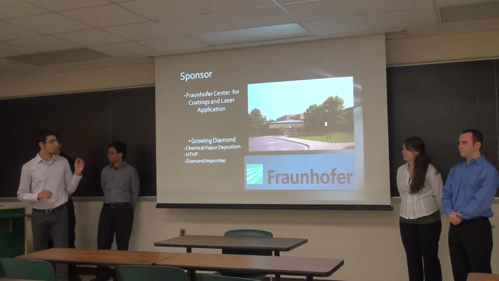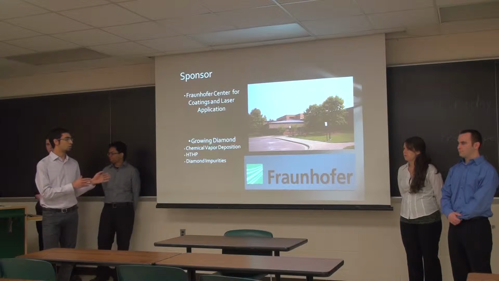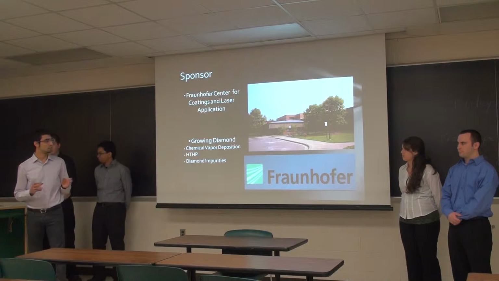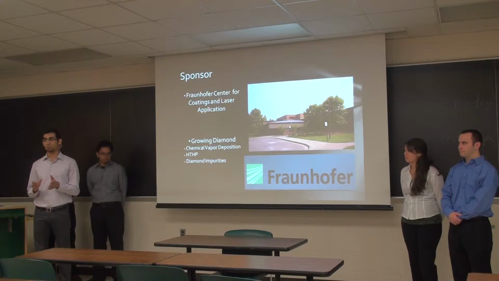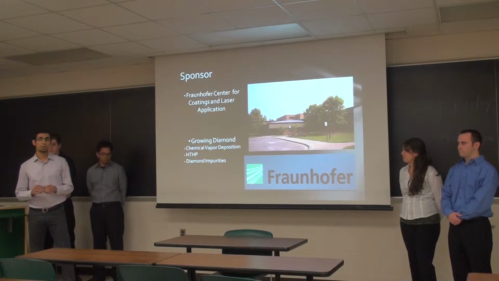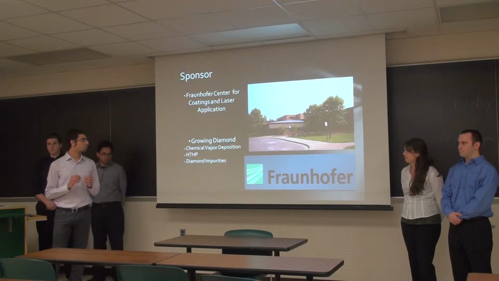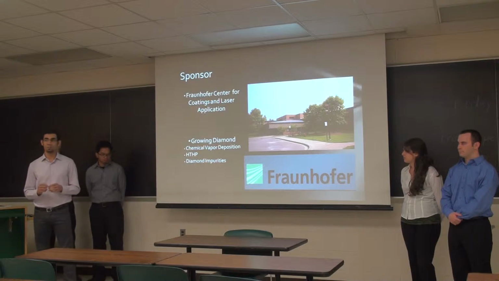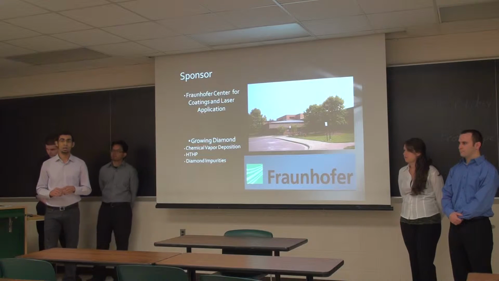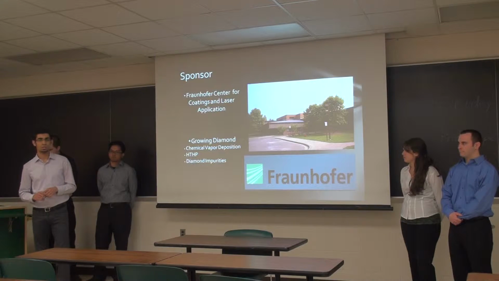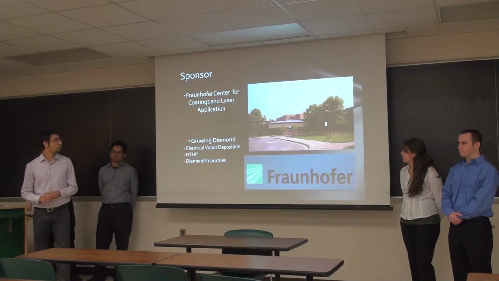In our project, what our sponsor has asked for is a design that would allow us to measure the optical quality of the diamond. In order to do that, we're using a method called birefringence, which allows you to find out how pure the diamond is. And my partner Jessica here will tell you more about birefringence.